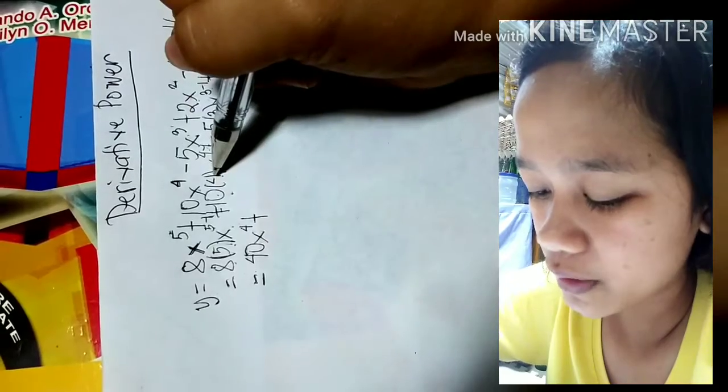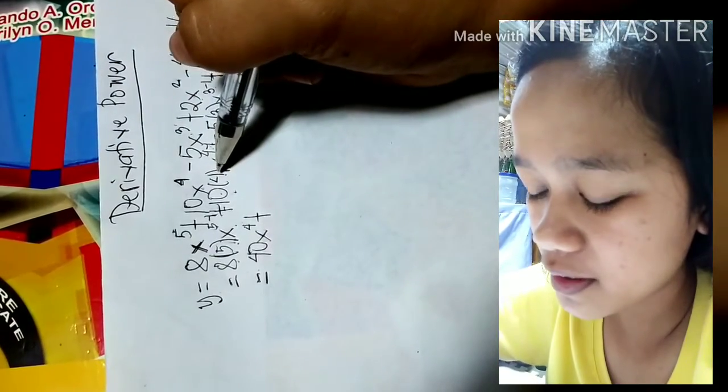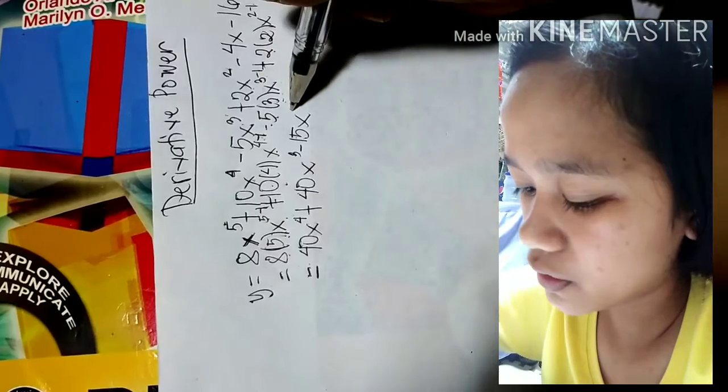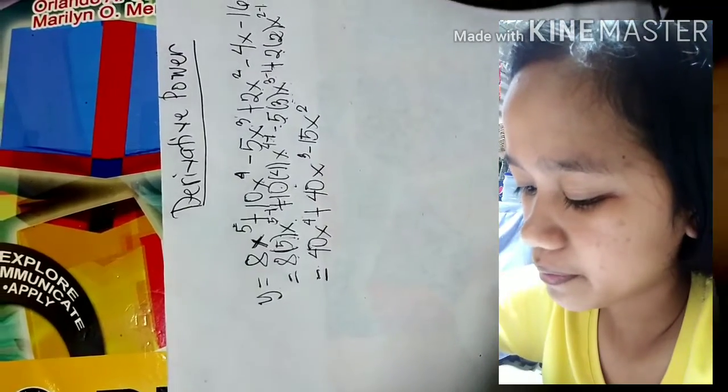Plus 10 times 4 is 40. x raised to 4 minus 1 is x cubed. Minus 5 times 3 equals 15. x cubed minus 1 equals x squared.